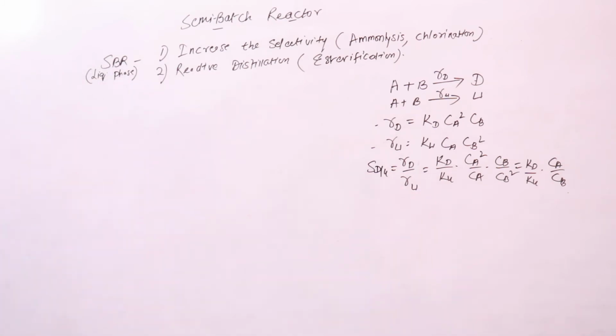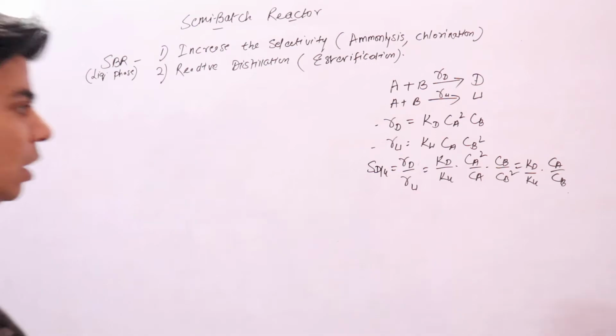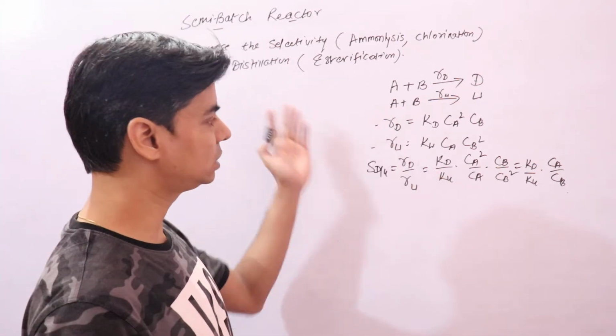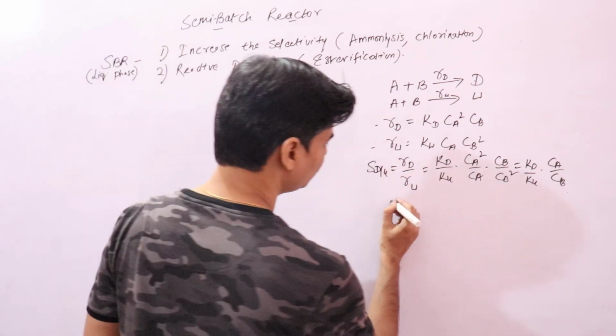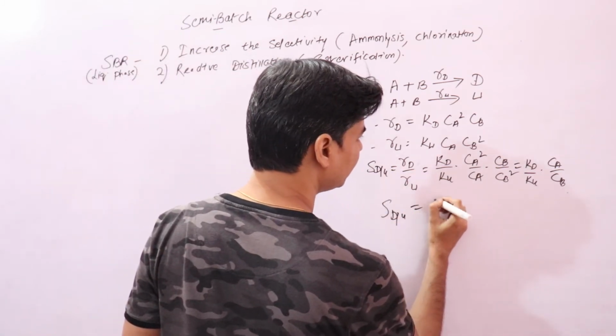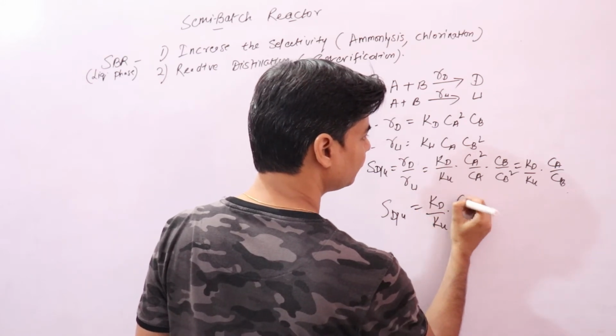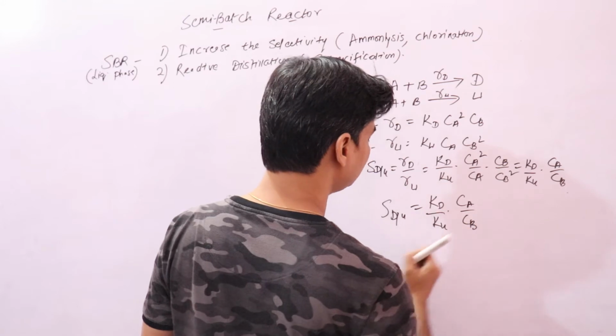Now using this equation, what do you think about this reaction? Using this ratio, these two are constants, and we have CA upon CB.